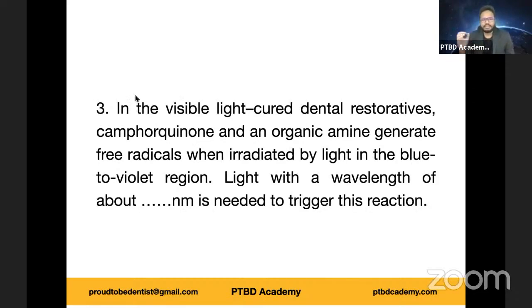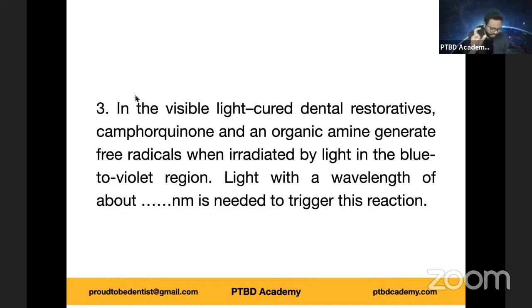Third question. I'm sure the majority of you are going to answer it right, but let's see. In visible light-cured dental restoratives, camphorquinone and an organic amine generate free radicals when irradiated by light in the blue to violet region. Light with a wavelength of about how much is needed to trigger this reaction?